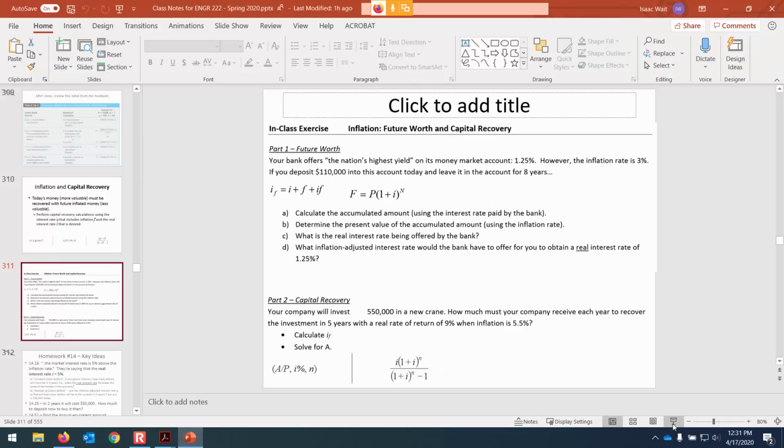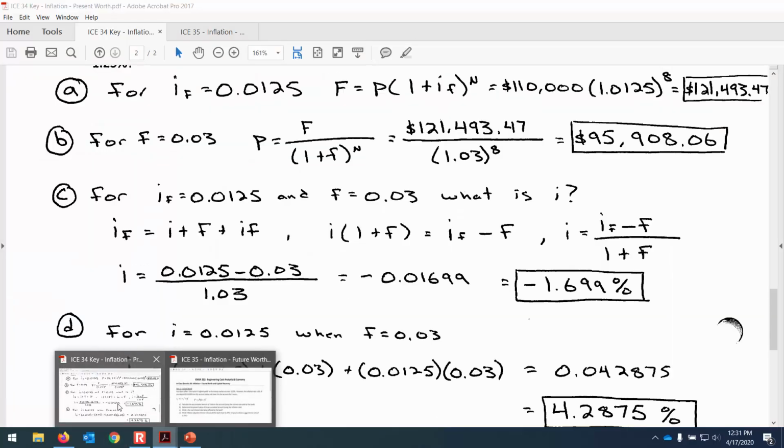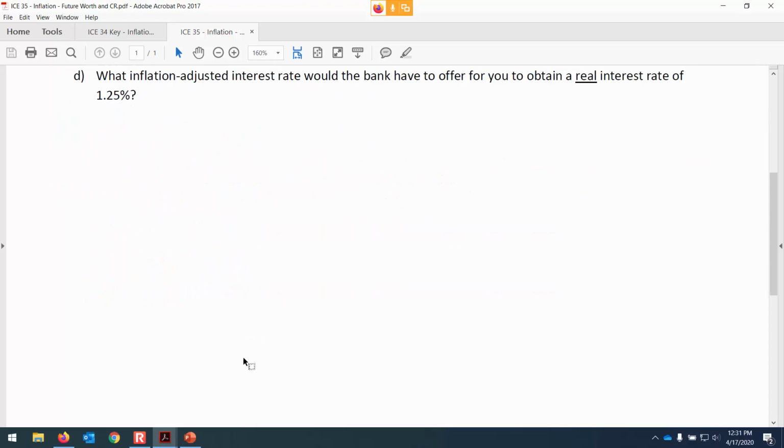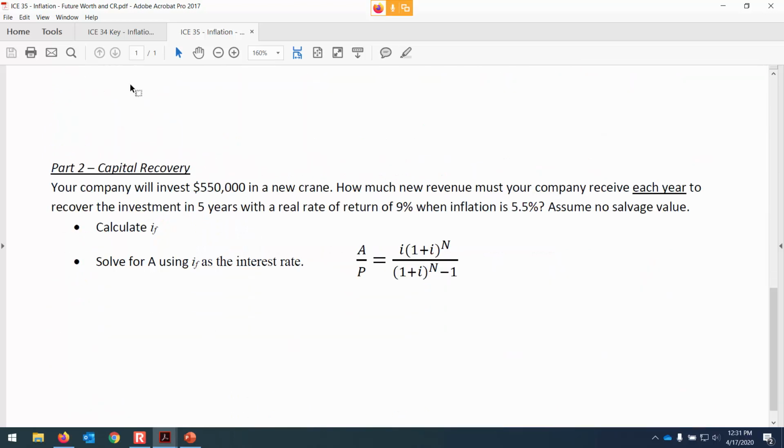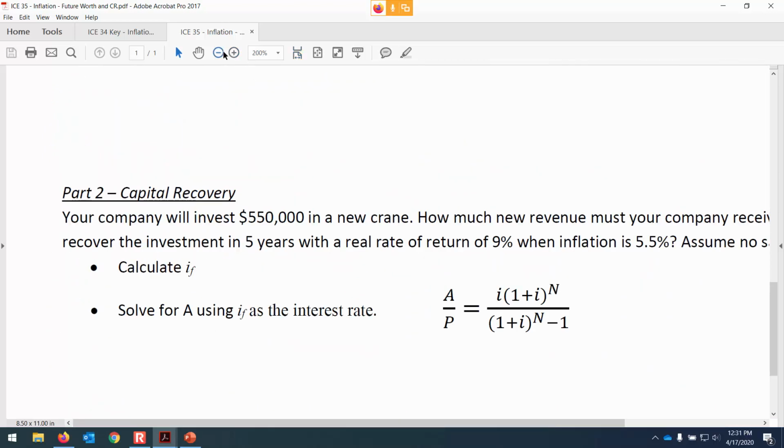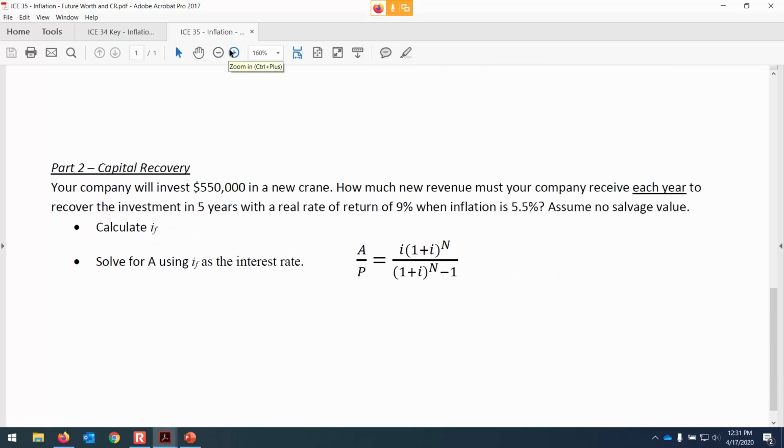The second part of the in-class exercise is posing the scenario: your company is investing $550,000 in a new crane. Let me bring that up down here. Maybe it's a little more clear. How much revenue must you earn each year to recover the investment in 5 years with a real rate of return of 9% when inflation is 5.5%?